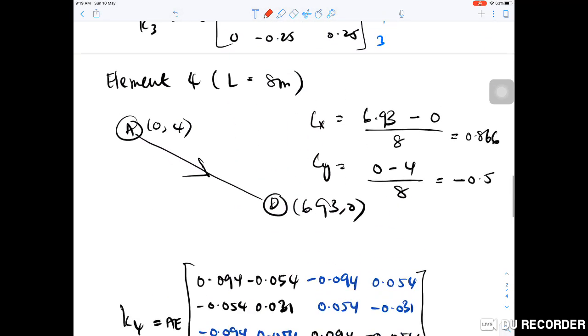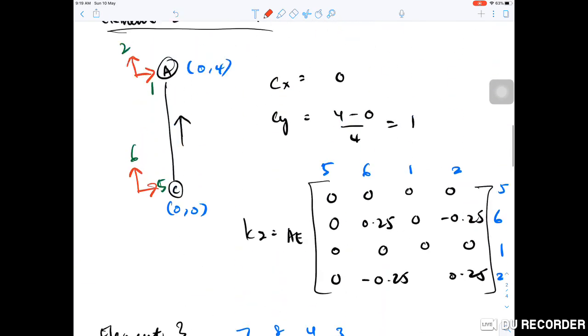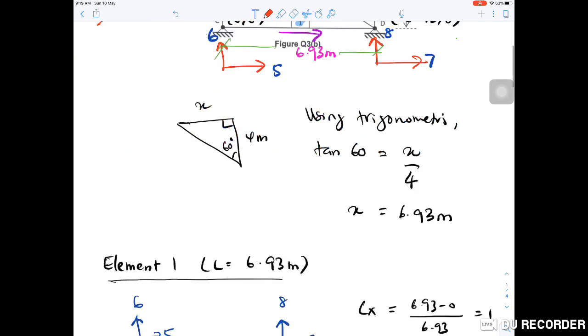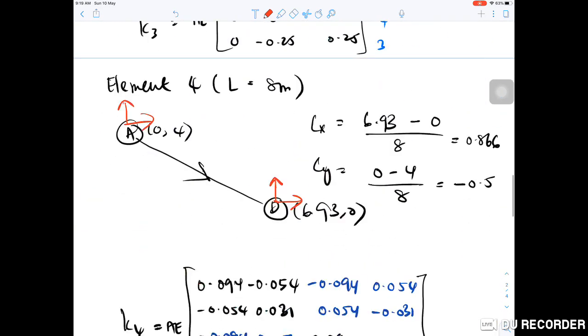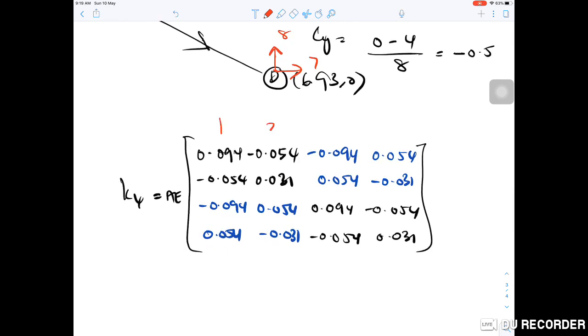We label from near to far: 1, 2, 7, 8. This is for element number 4.